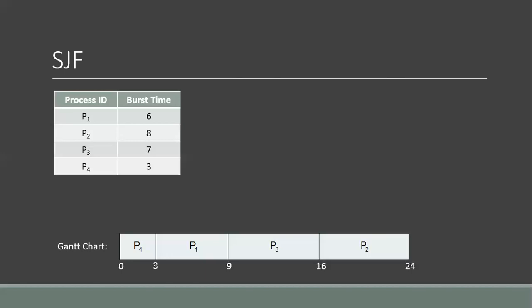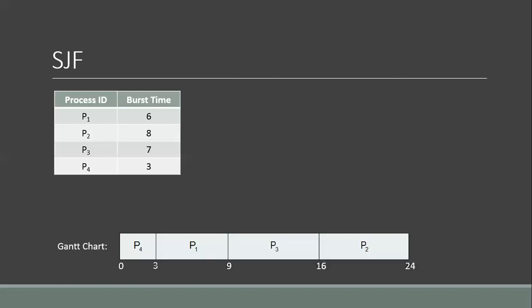Now, again, we have to select another process to allocate it CPU. Now we have 3 processes in the ready queue: process P1, P2, and P3. And that process will be selected whose burst time is the shortest among these 3.